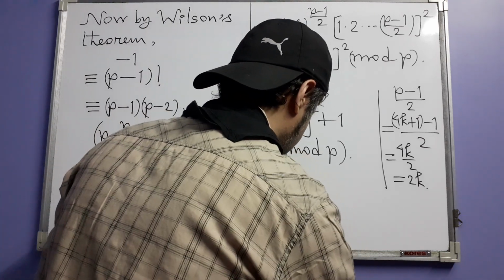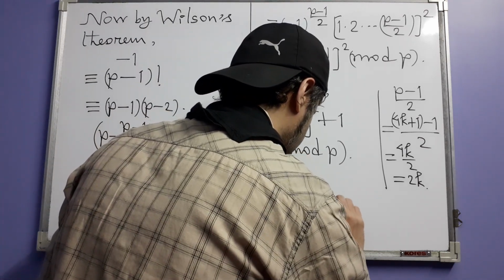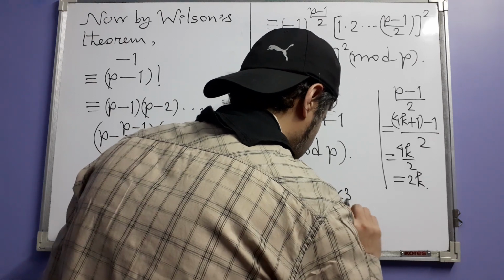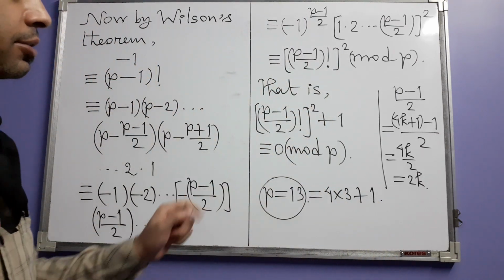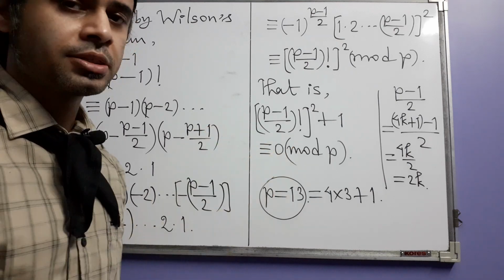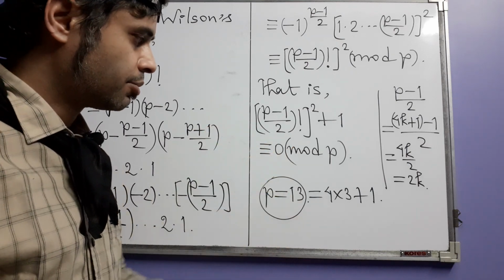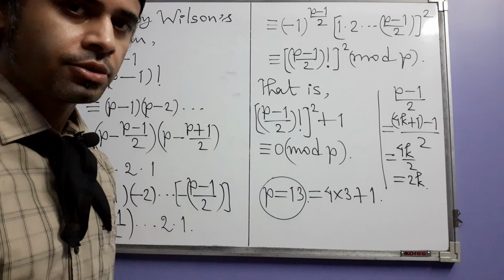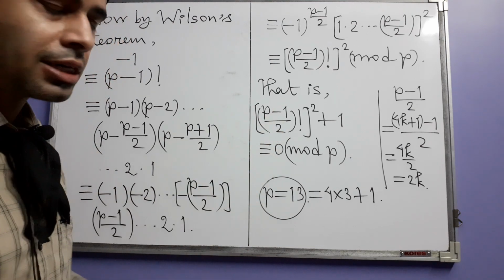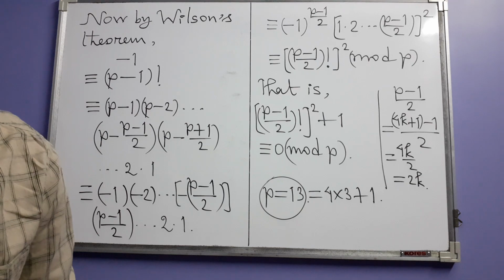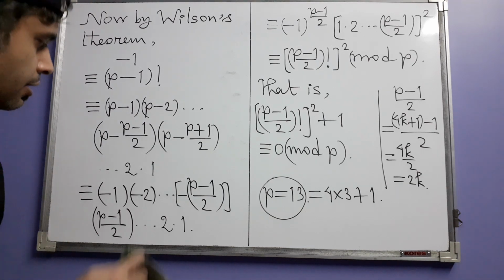Yes, it is, because this is 4 times 3 plus 1. That means for this prime also the congruence x square plus 1 congruent to 0 mod 13 has a solution, and this is one solution. So we can see what the solution is in this special case.